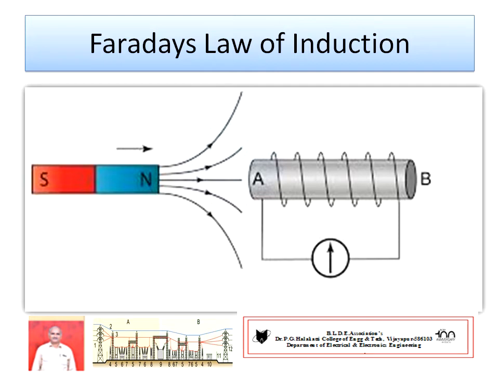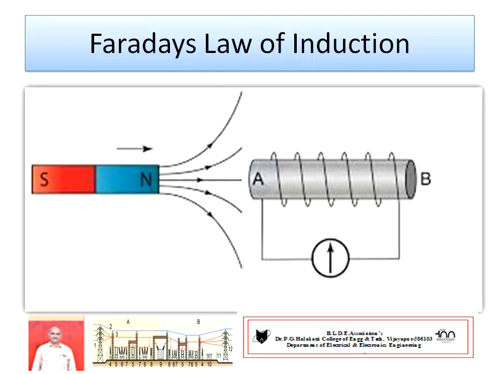So before going to generation of AC, we have to glance at induced EMF and Faraday's laws of electromagnetic induction. As per Faraday's laws, whenever a coil or a conductor cuts the magnetic flux, an EMF is induced, or whenever a conductor links a changing flux, an EMF is induced.